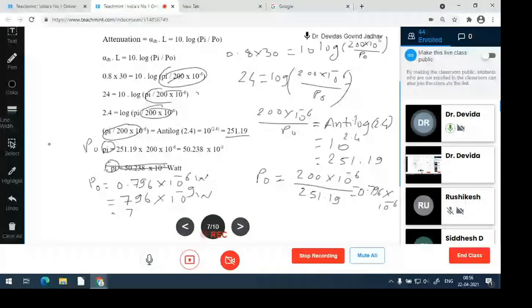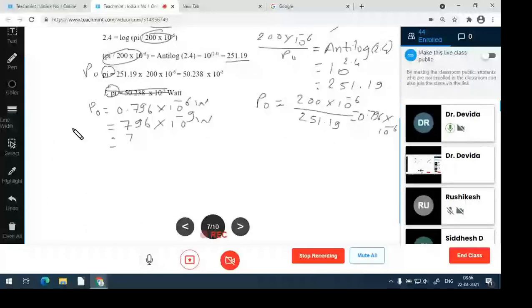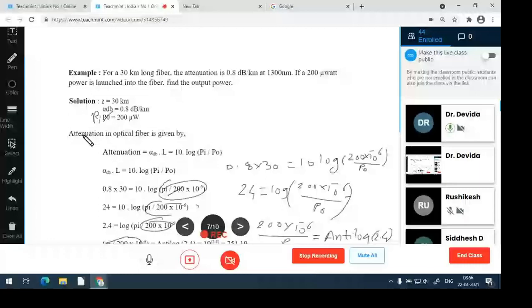That is 796 nanowatt. This is the answer. 796 nanowatt.